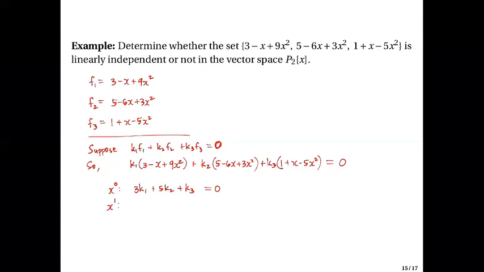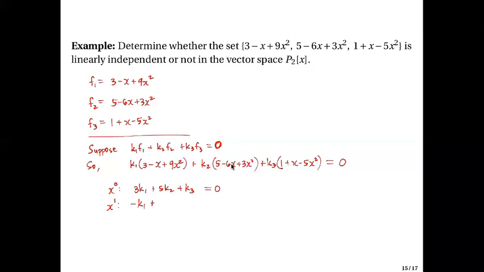The linear part, your x to the 1, or simply x: you have here k1 times negative x. But you just need the coefficient. So k1 times 1, that's negative k1, plus, in here, you have k2 times negative 6x.